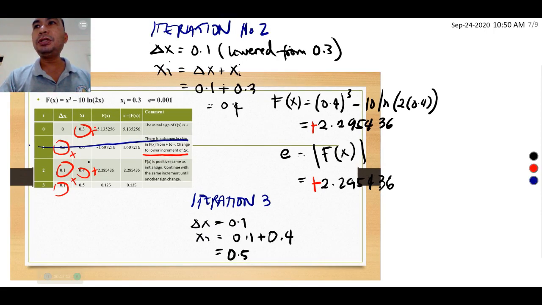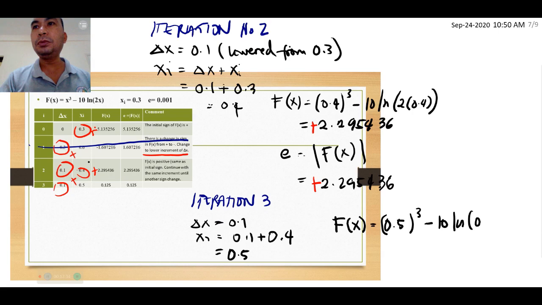Then we will substitute 0.5 to the function. Function of x is equal to 0.5 quantity cube minus 10 ln of 2 times 0.5.